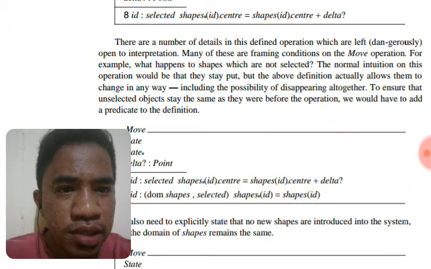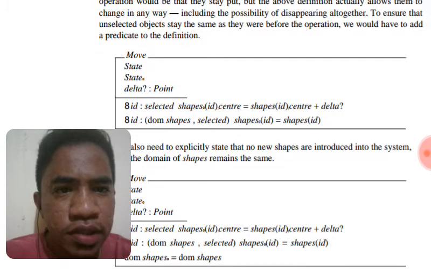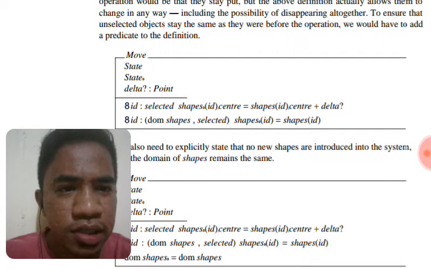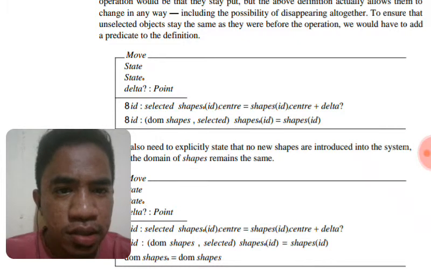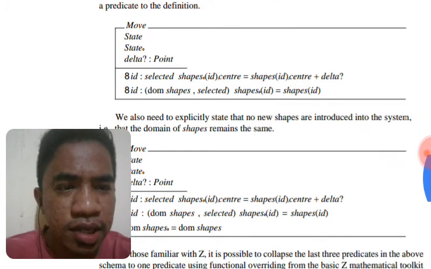To ensure that unselected objects stay the same as they were before the operation, we will have to add a predicate to the definition. Move, state, delta point, id selected shape id center equals shape id center plus delta, id dom shape selected shape id equals shape id.